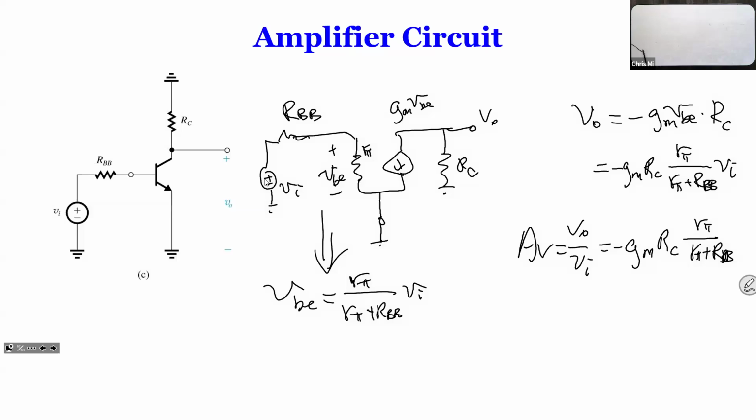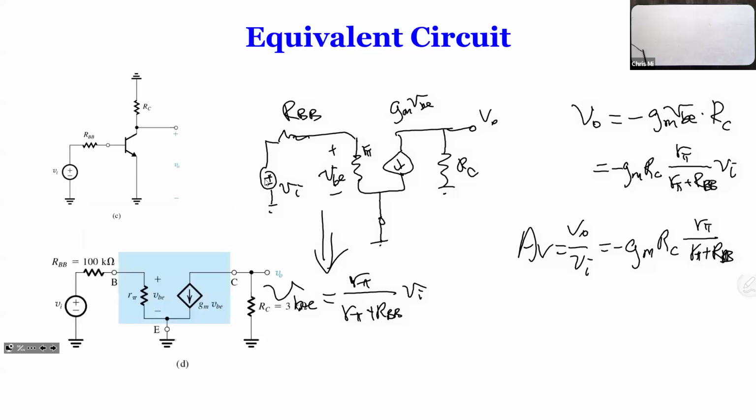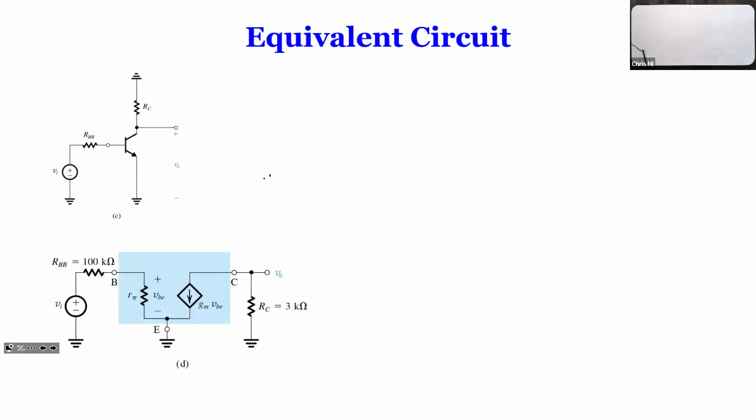The gain of this circuit is very small, because RB is so big, like 100K, and R pi is something like 5K, so that RB drops so much voltage. Which means the voltage VI comes in, but most of the voltage didn't go into the amplifier. It was consumed by RB. So that's the reason. You consume too much internally within the voltage source. Okay. All right, so that's the equivalent circuit.